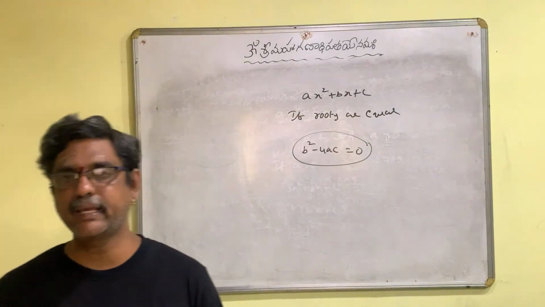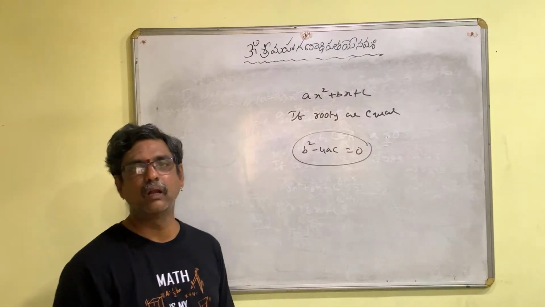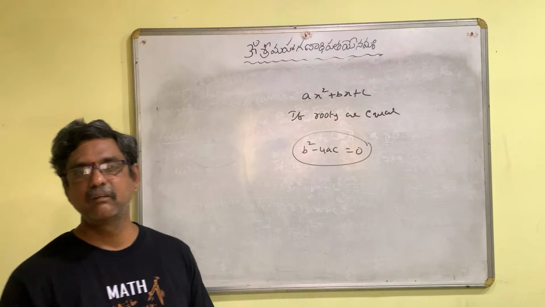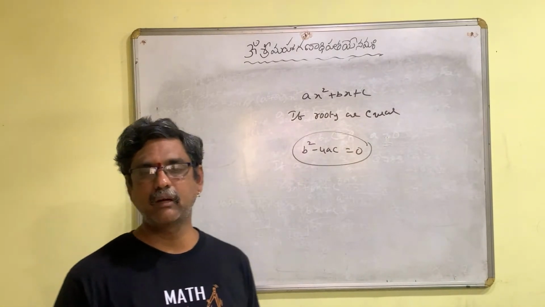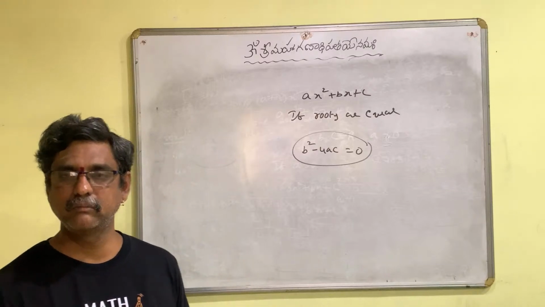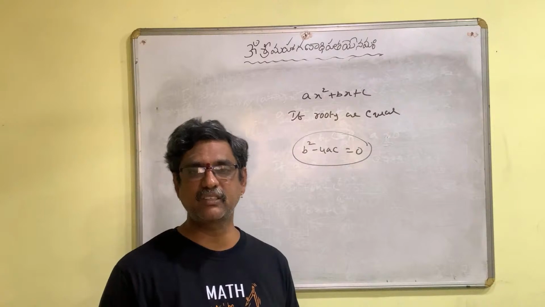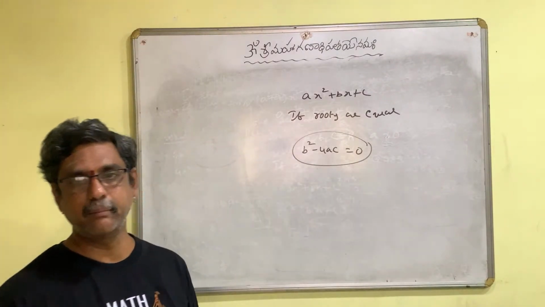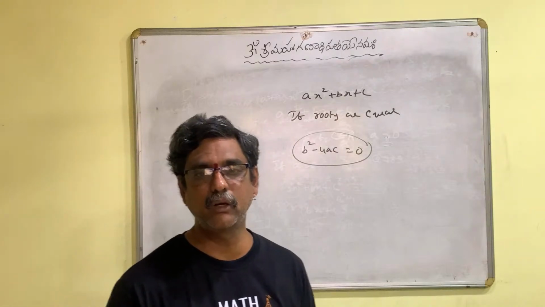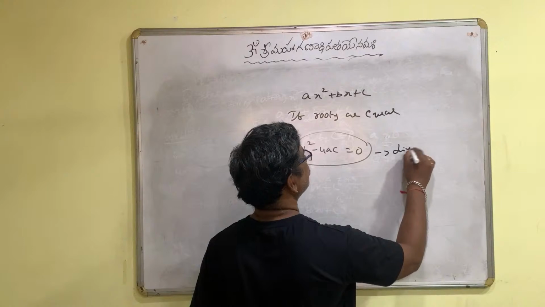If the roots are equal, means after splitting the middle term, if we find that both the roots we got are same, then this condition will be satisfied: b square minus 4ac is equal to 0.